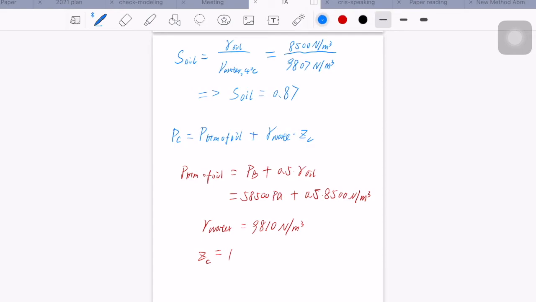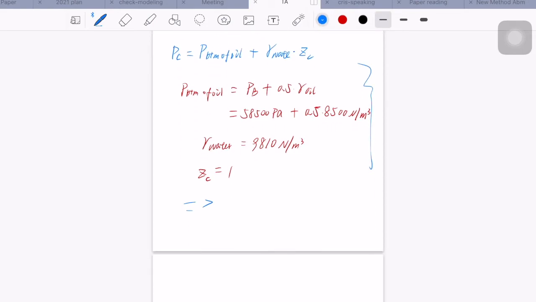So now we can determine that PC should be equal to 58,500 Pa plus 0.5 times 8,500 Newton per cubic meter plus 9,810 Newton per cubic meter times 1 meter.